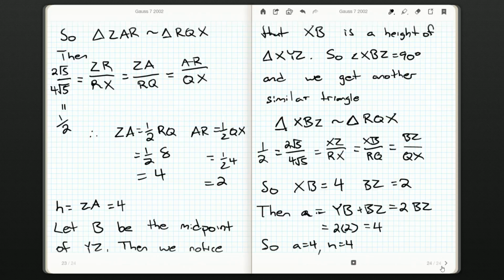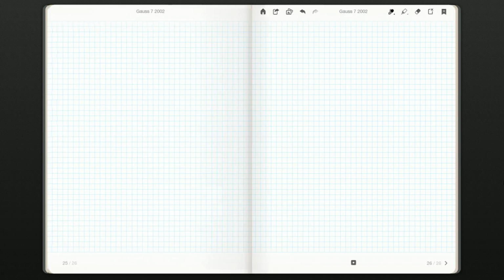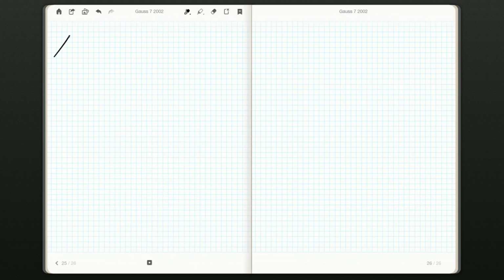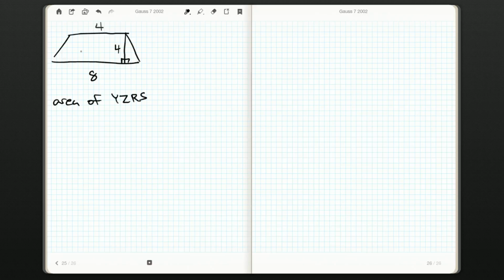Now we have enough information to apply our formula. So we have 4 here, we have a 4 here, and we have a base of 8. So the area of YZRS is 1/2 of A plus H, which is 4 plus 8, times the height, which is 4.